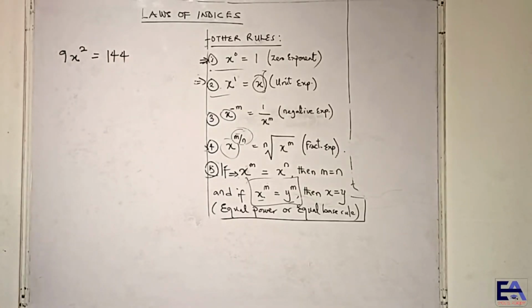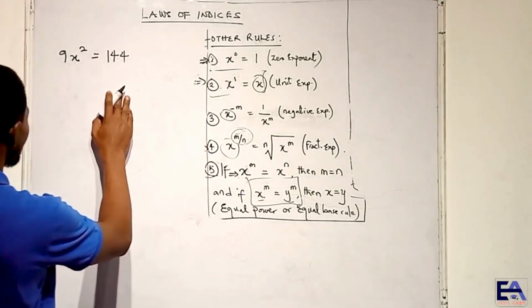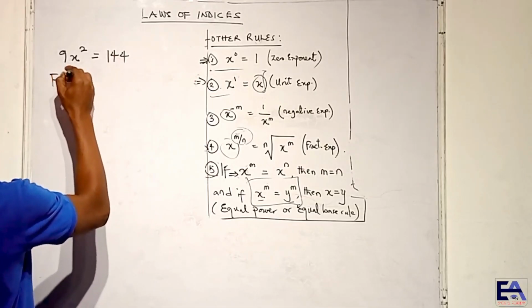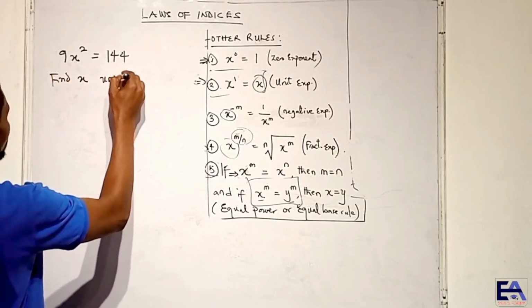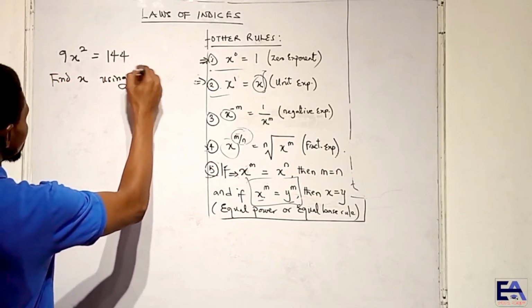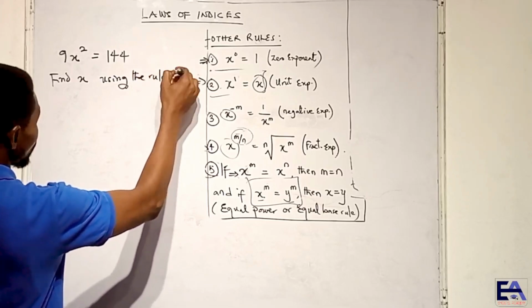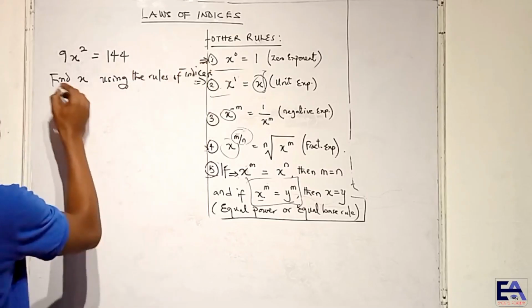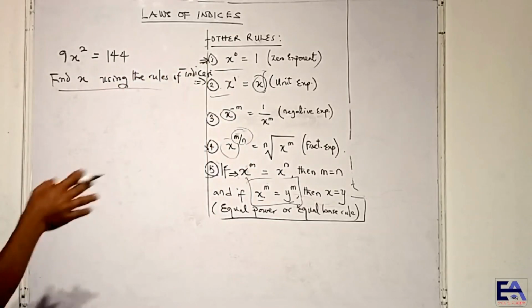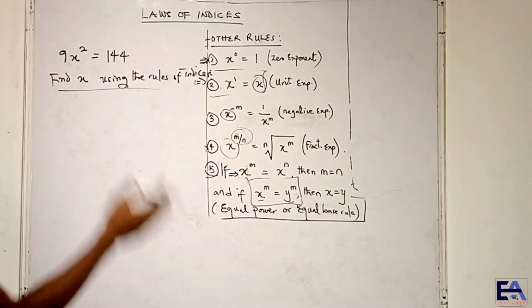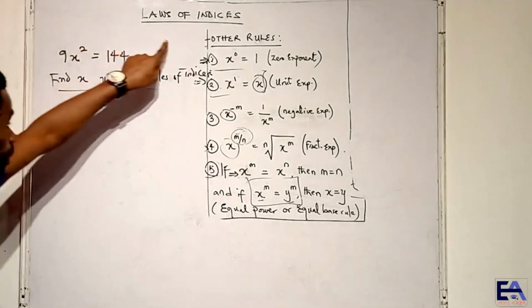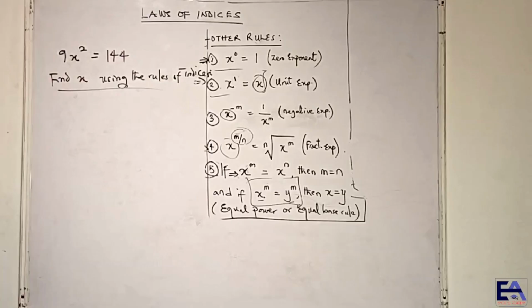Now, to solve this, if you want to find x using the rules or the laws of indices, you can apply any other mathematical method, but because I'm teaching indices, I want to use the laws of indices to solve this question.